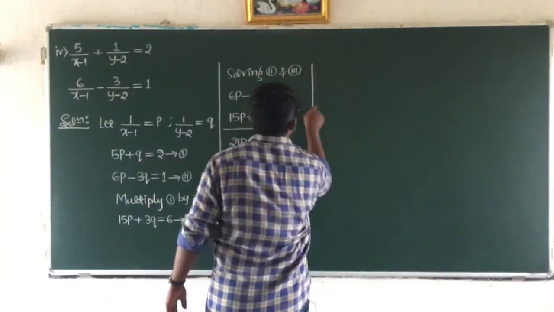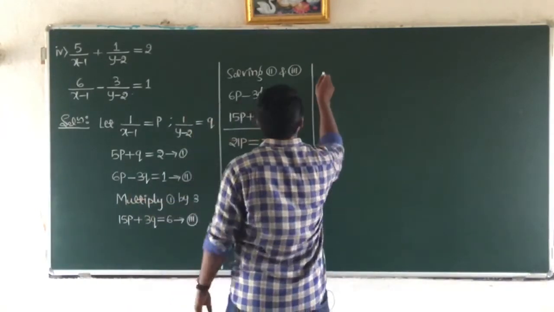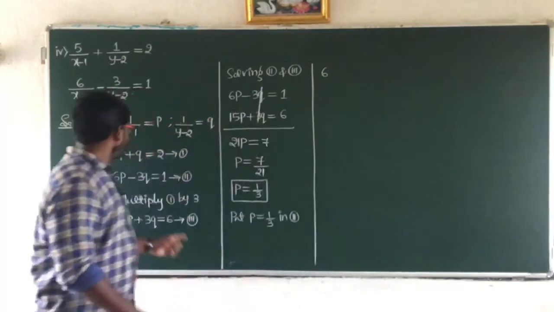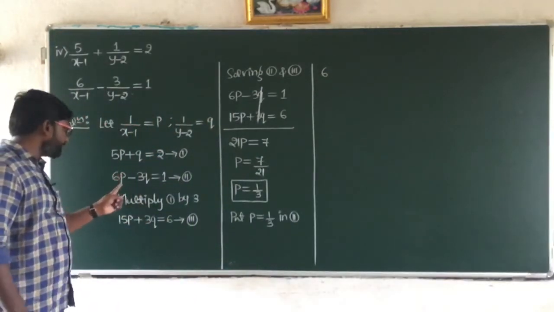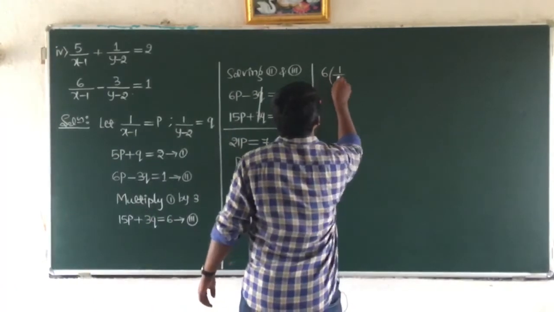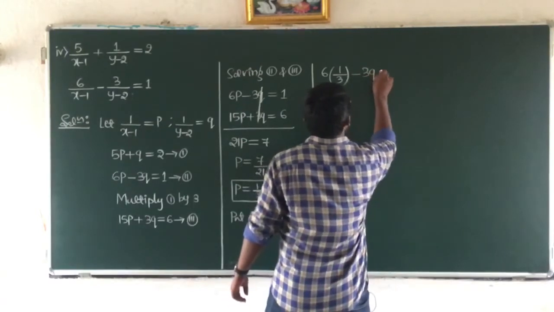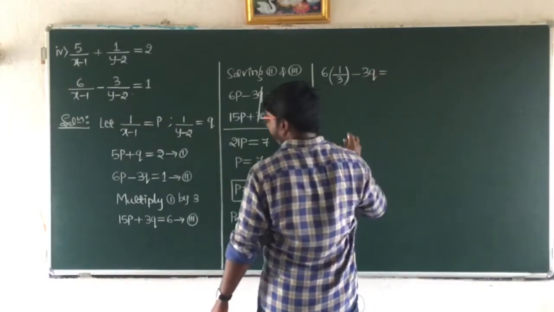So, we get the value of q. 6 I write as it is. In place of p we have to write 1 by 3. So, it is 6 times 1 by 3, then minus 3q which is equal to 1.